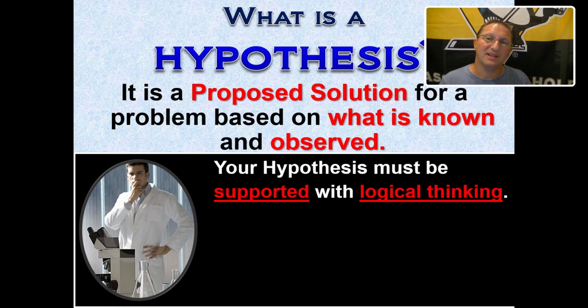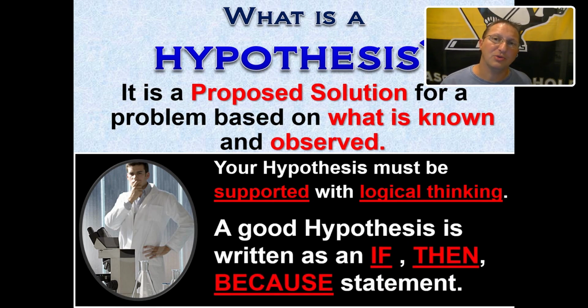A hypothesis is not a guess. We've done our research, we've done our background search on the internet, in the library, in books, whatever. We've looked up that information, and now based on that information, we have an idea of what the solution could be. That's what a hypothesis is. It has to be supported by logical thinking.